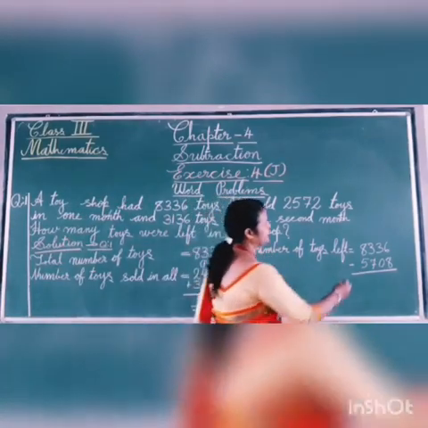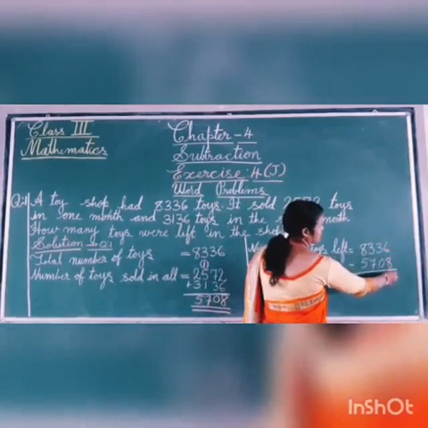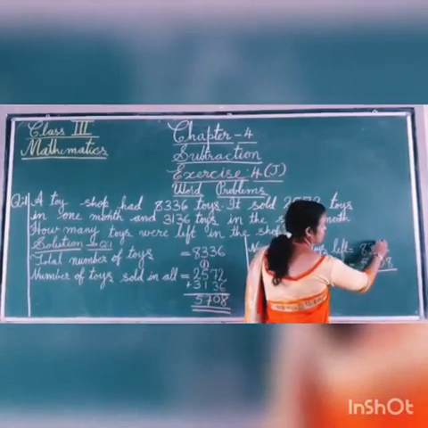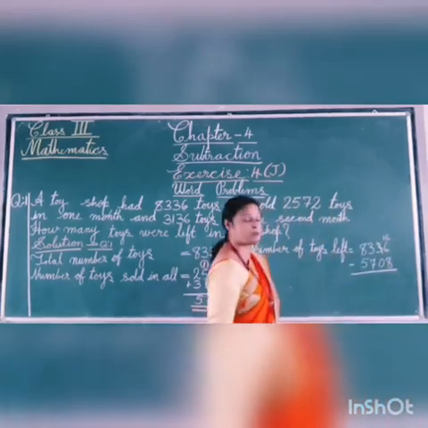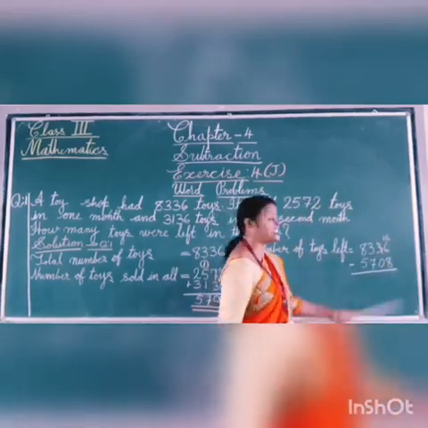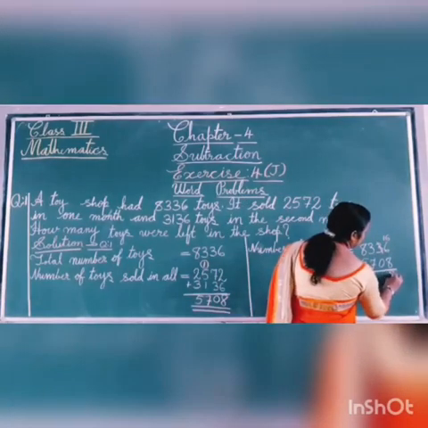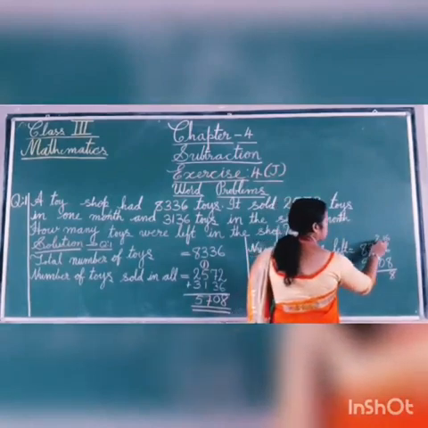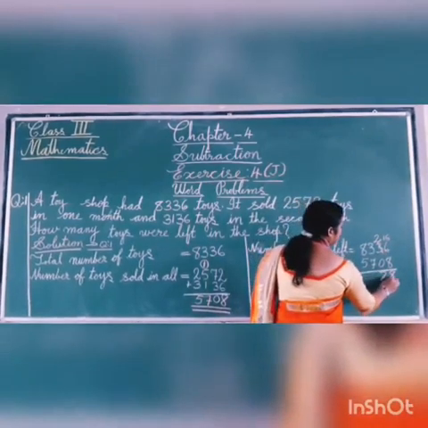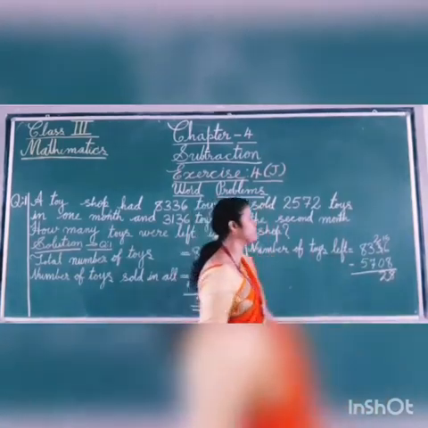Let us see. Now 6 minus 8. Here we cannot subtract 8 from 6. So what do we have to do? We have to borrow 1 ten and give it to the ones place. Here 16 ones and 8. So 16 minus 8, we know it is 8. Here we have only 2, and let us write here 2. And here again 3 and 7. We cannot subtract.